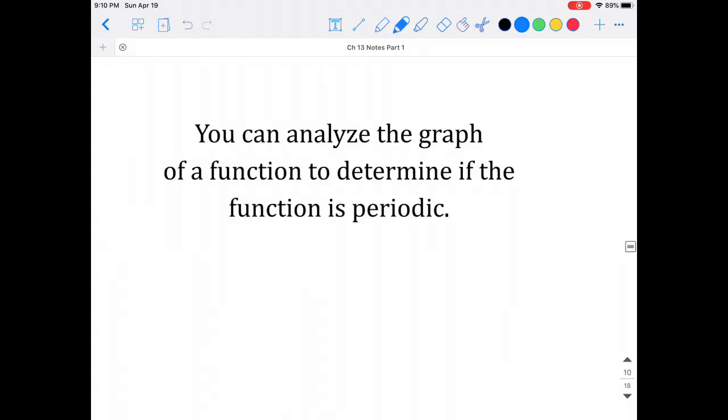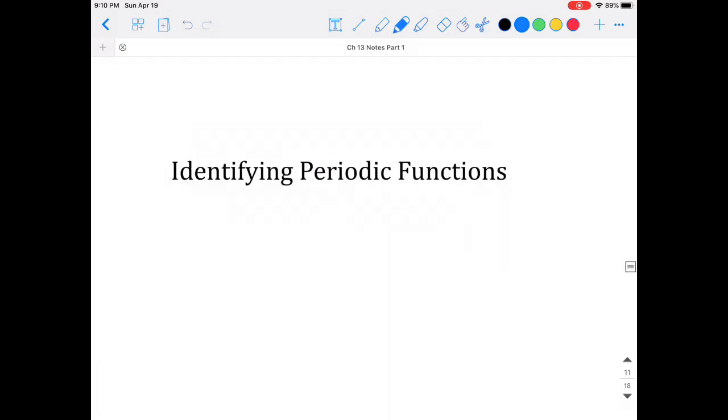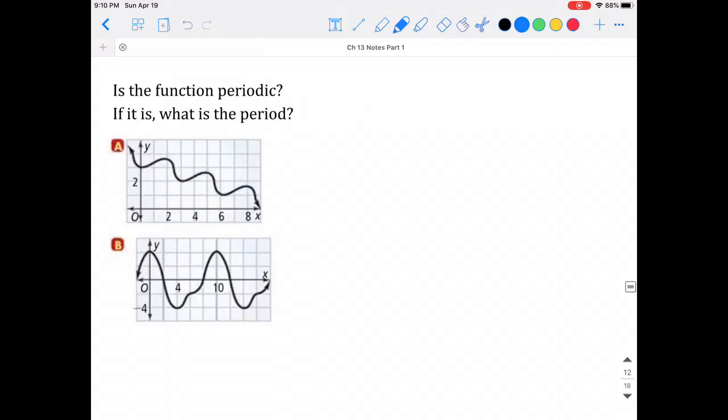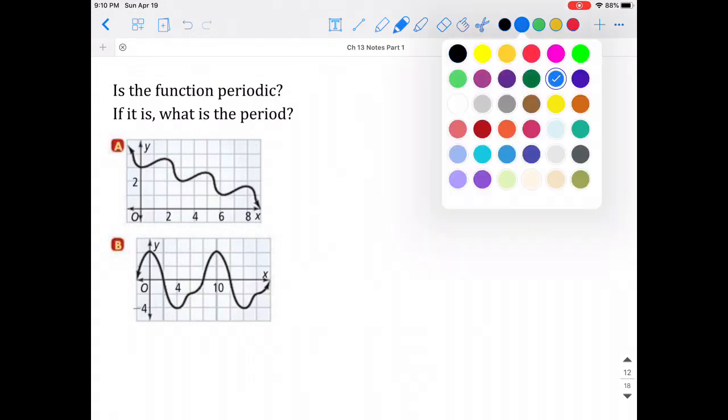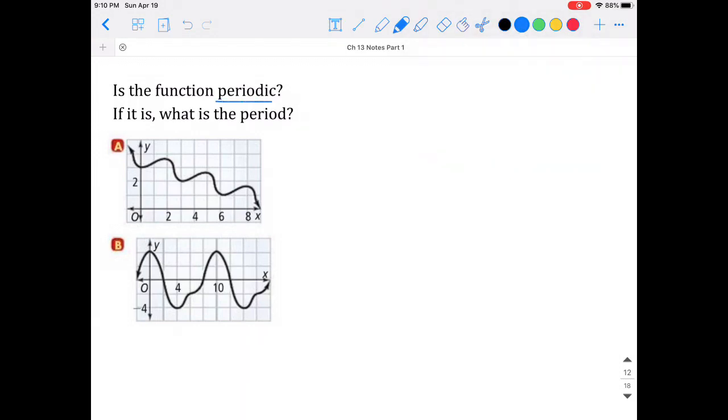You can also analyze the graph of a function to determine if the function is periodic. So let's identify periodic functions. Here we have 2 examples. Is the function periodic? If it is, what is the period? Remember, for a function to be periodic, it has to have a repeating y value.